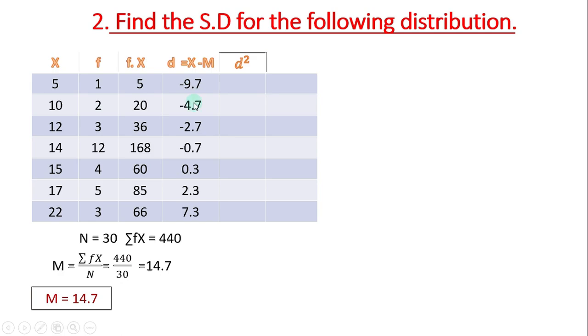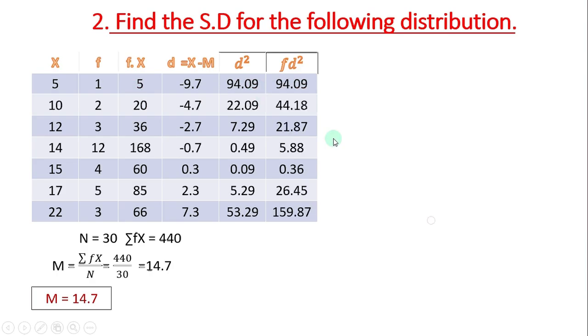So 9.7 times 9.7 is 94.09. Like that, we square all the d's and get these values. After d square, we want fd square. Multiply f and d square. Here f is 1 and d square is 94.09, so we get 94.09. Like that, multiply all f and d square and we get these values.